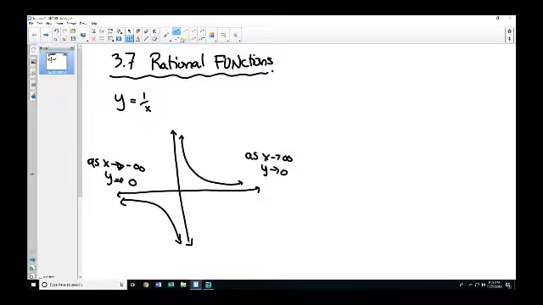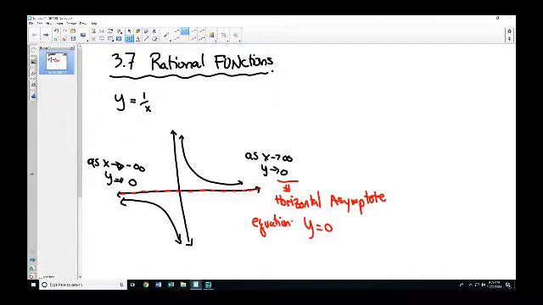Like I was saying earlier, if you get a number right here, this function has a horizontal asymptote right there. And the equation of that horizontal asymptote is y equals 0. Just a horizontal line, right?